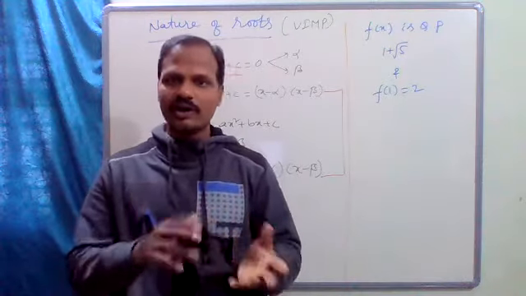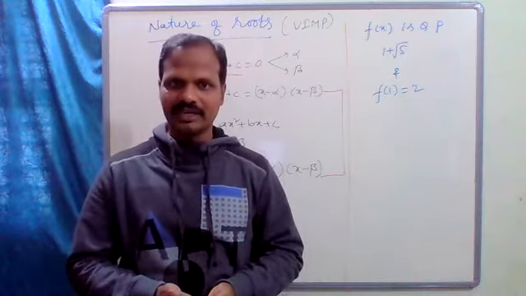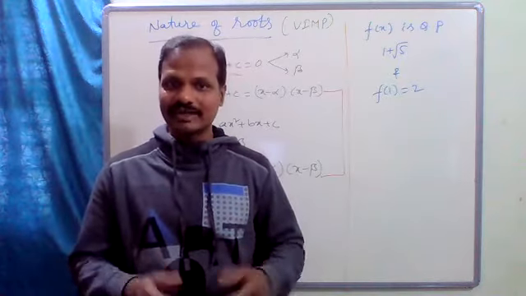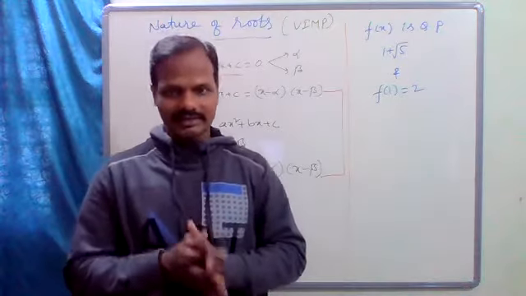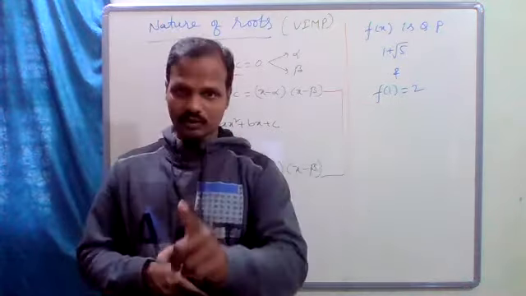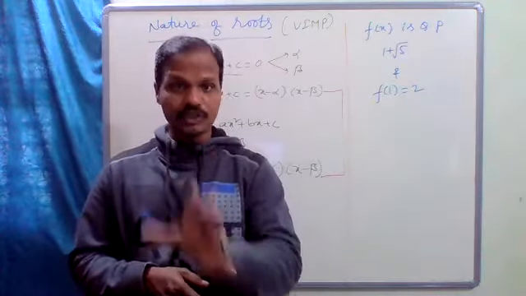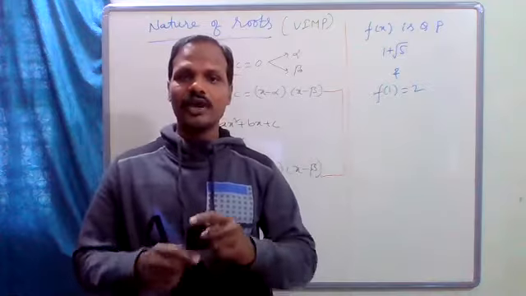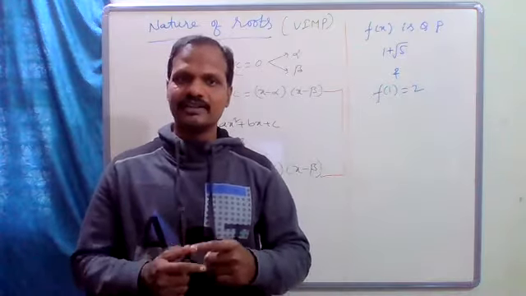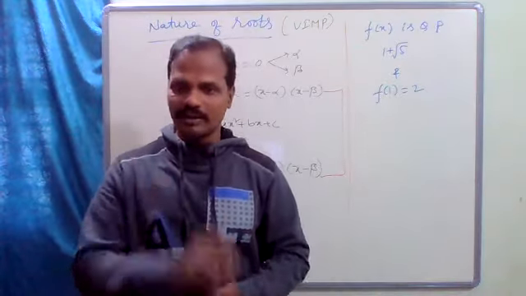Suppose 1 and 2 are the roots of a quadratic equation, then the quadratic equation is x minus 1 into x minus 2 equals 0. Like that, I am giving one zero of the quadratic polynomial and one condition. You have to form the quadratic polynomial.